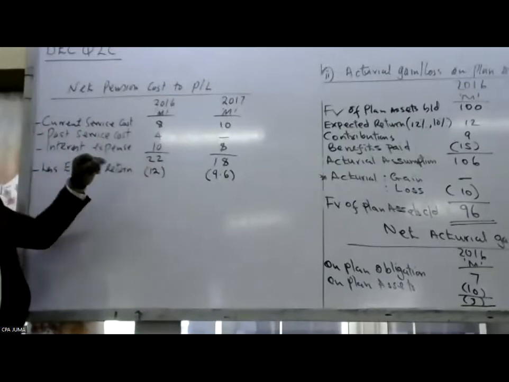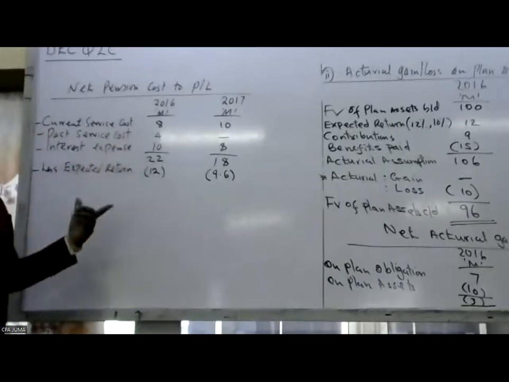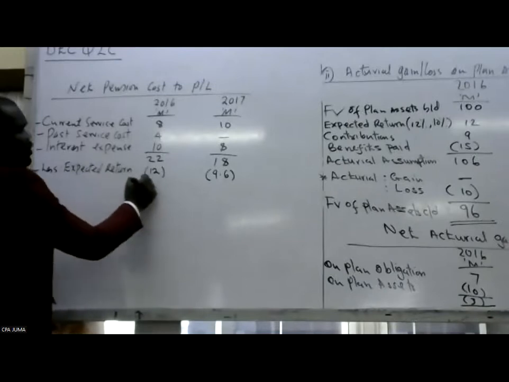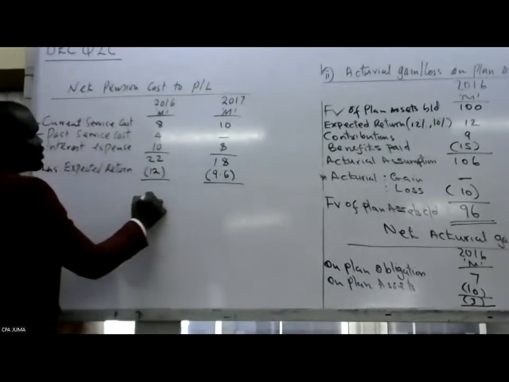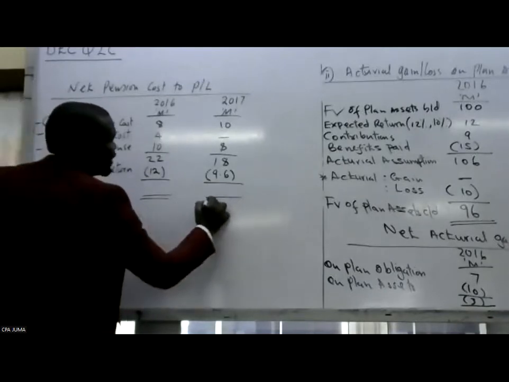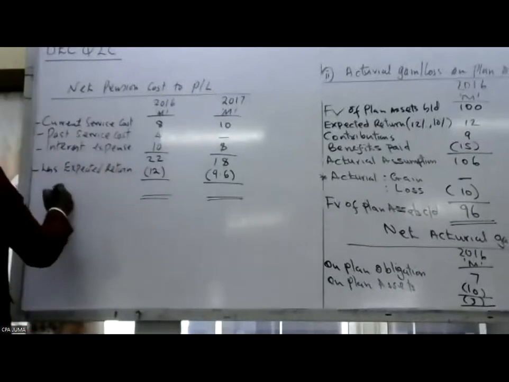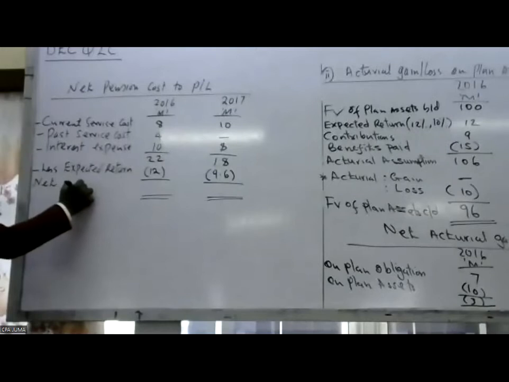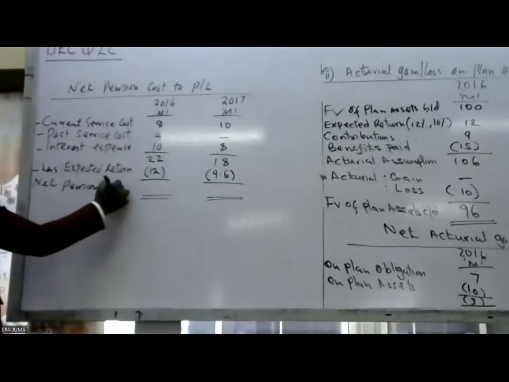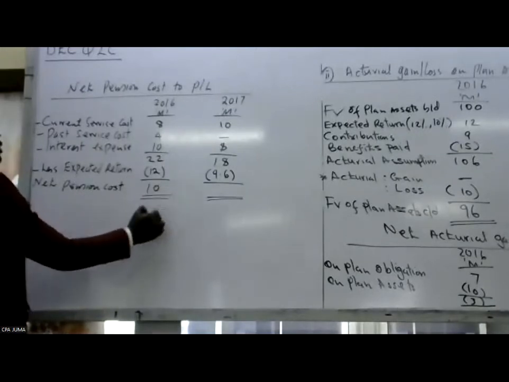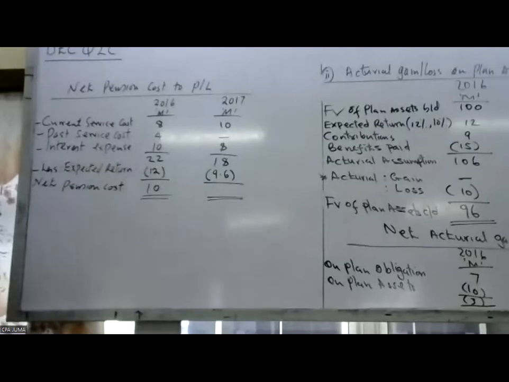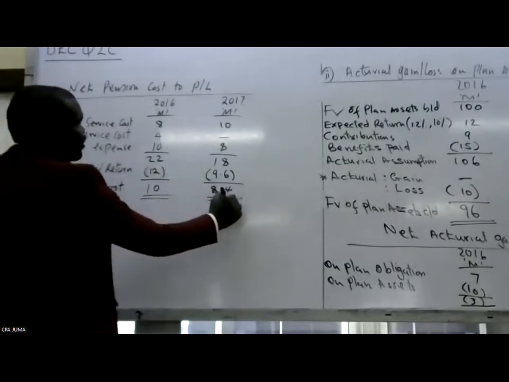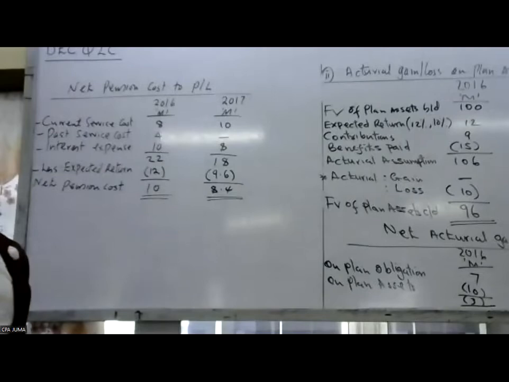So to get the net expense, reduce those expenses using the available income. So net pension cost will be 8.4 of that.